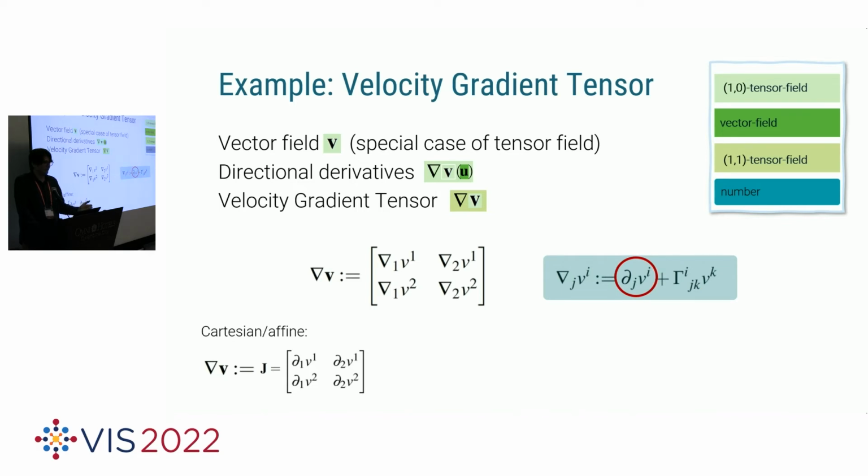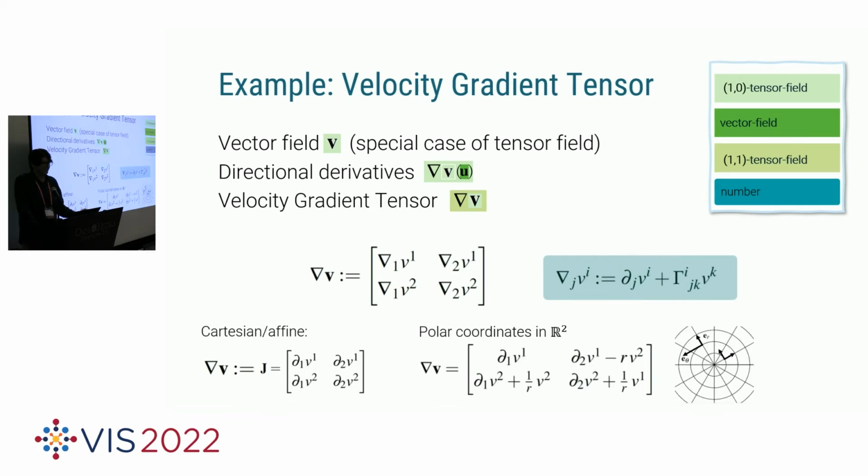This is a very familiar looking object to many people: the velocity gradient tensor in Cartesian coordinates. When we do this in another coordinate system, be it polar coordinates or any other choice, then these symbols are not zero anymore. So this is really the connection that gives us the encoding that we need.